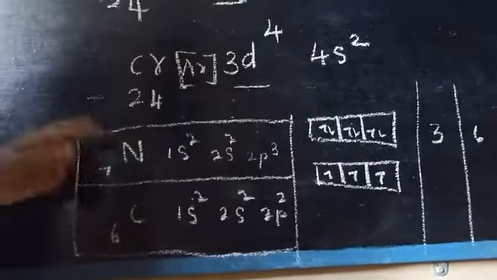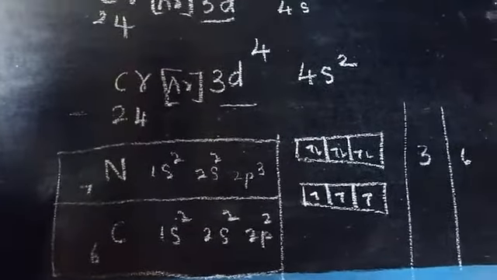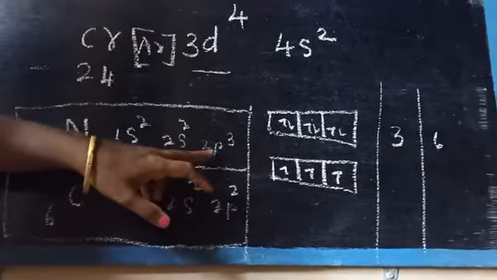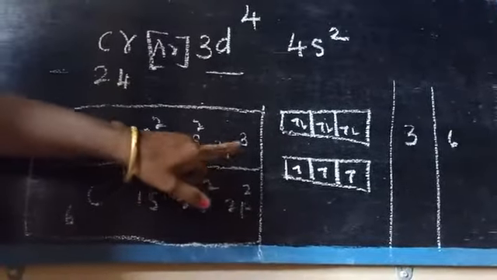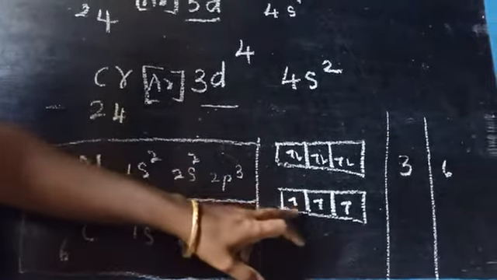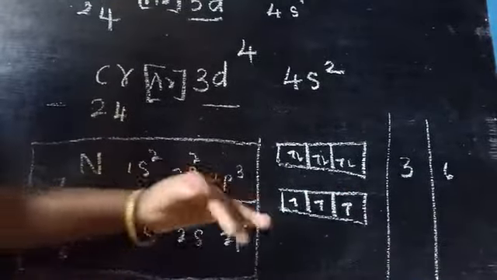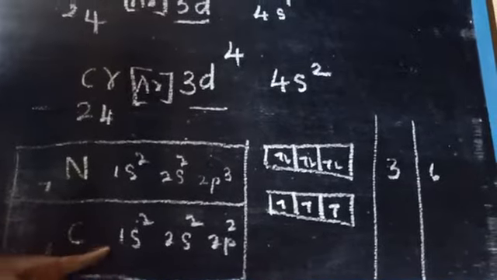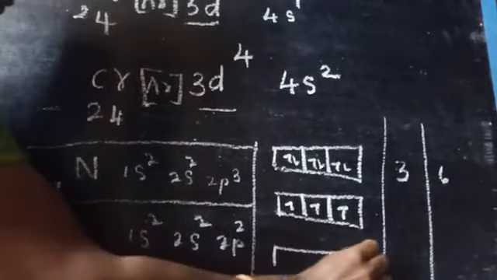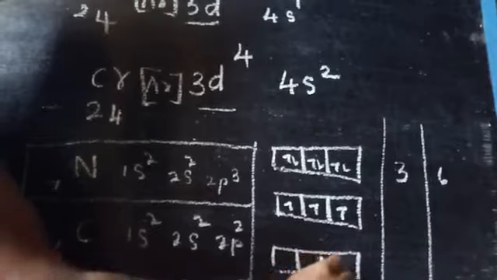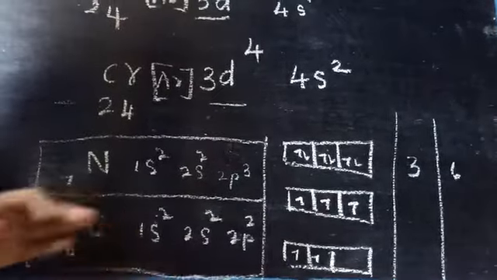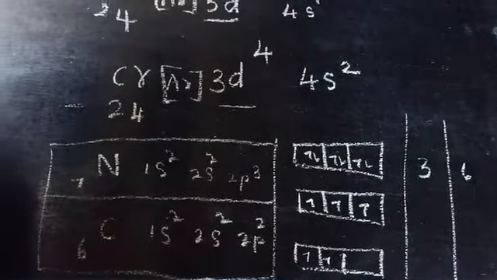Nitrogen is more stable than carbon. Why? In the p orbital there are 3 electrons, which means it is in a symmetrical pattern. In carbon there are only 2 electrons, which is denoted as partially filled.